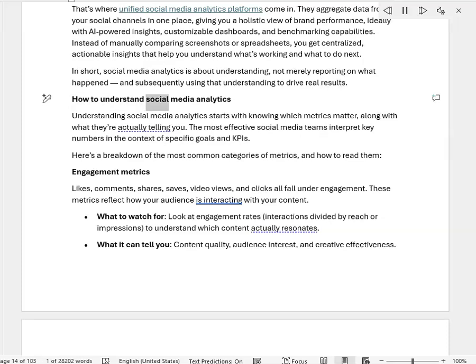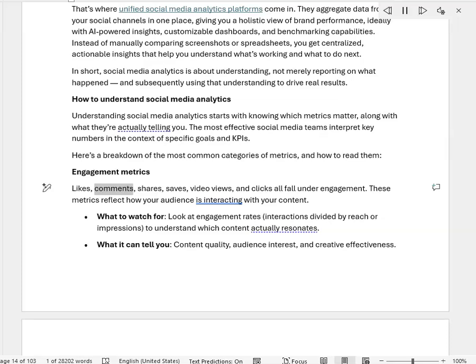How to understand social media analytics. Understanding social media analytics starts with knowing which metrics matter, along with what they're actually telling you. The most effective social media teams interpret key numbers in the context of specific goals and KPIs. Here's a breakdown of the most common categories of metrics, and how to read them. Engagement metrics.